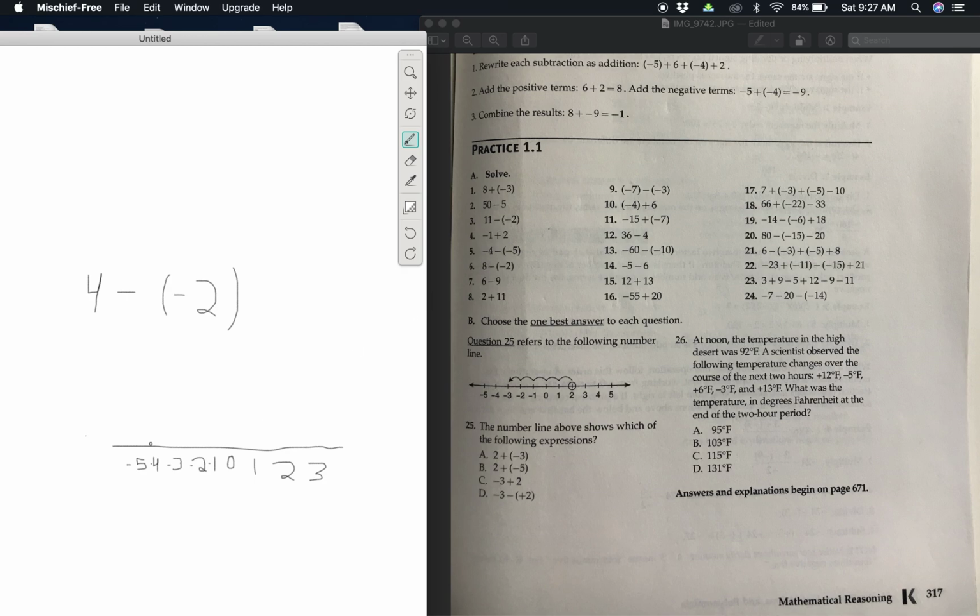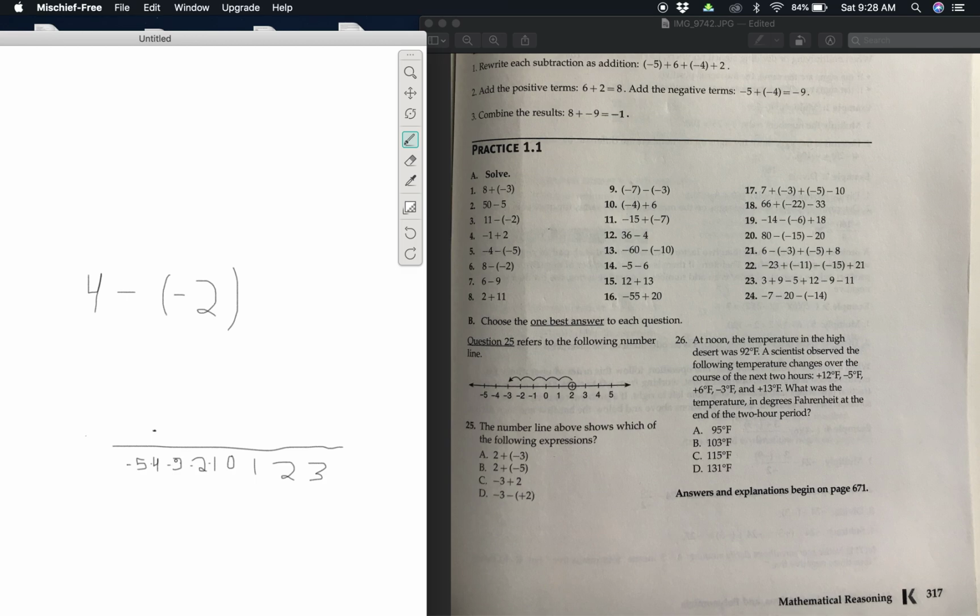So we started at -4. Okay, now if it said plus -5, we'd add 5 more. Okay, 5 more negatives. But it said minus. We need a minus -5.